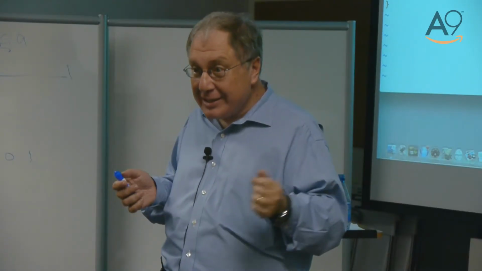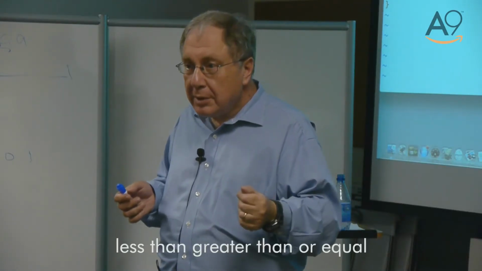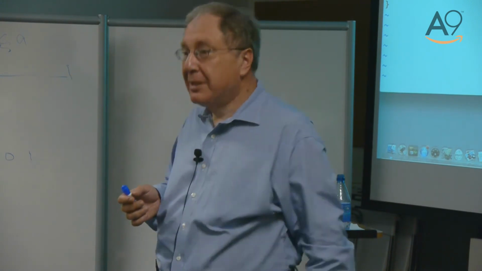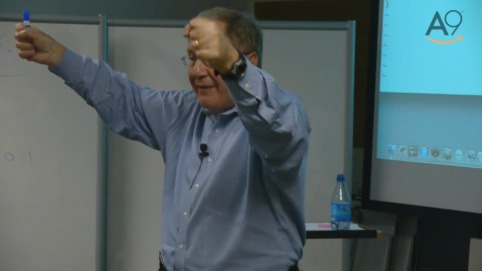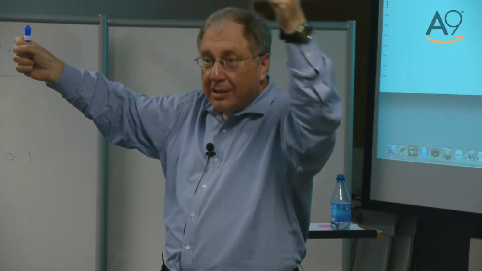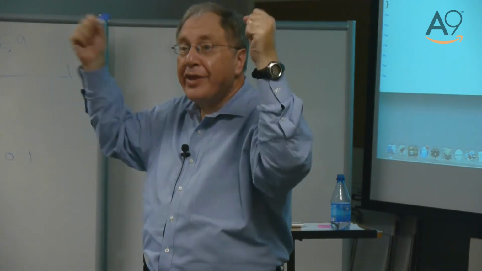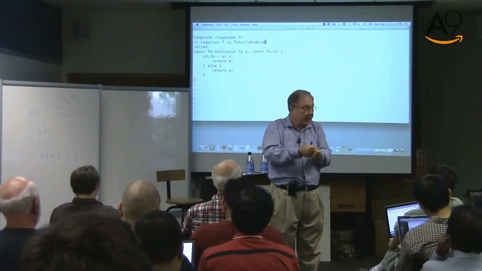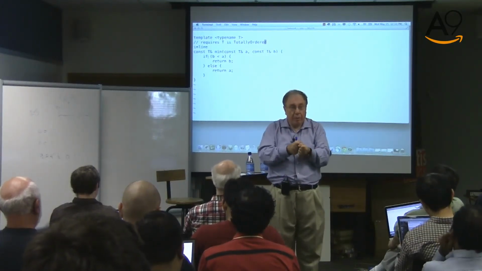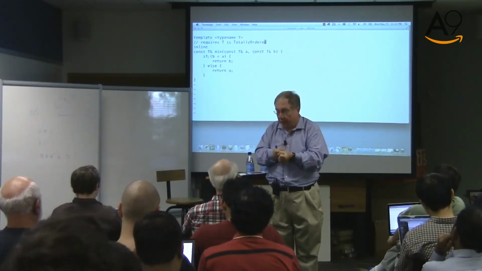One of the three, yes? Less than, greater than, or equal. Yes. That when you look at two things, either this is greater or this is greater, or they're equal. Nothing else. One of the three will be true.